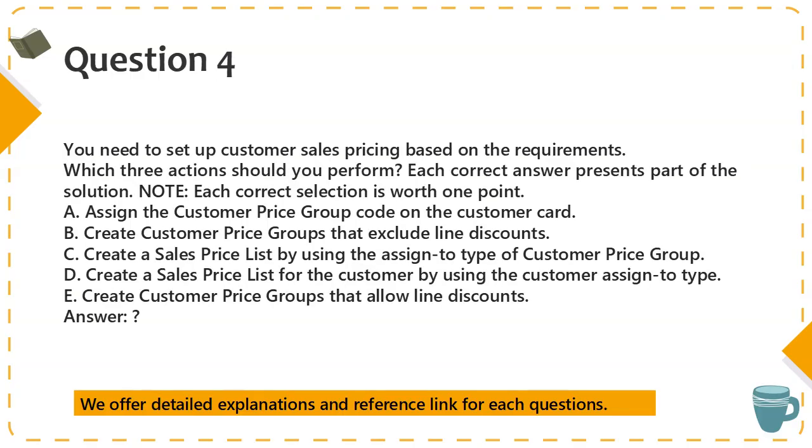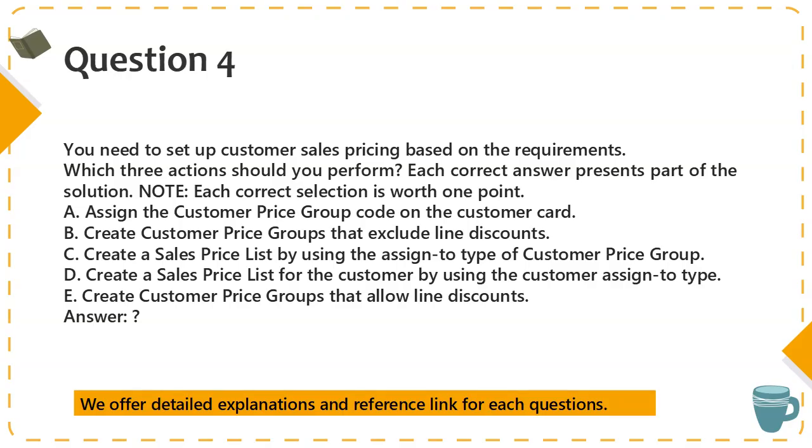4. You need to set up customer sales pricing based on the requirements. Which 3 actions should you perform? Each correct answer presents part of the solution. Note: each correct selection is worth 1 point. A. Assign the customer price group code on the customer card.